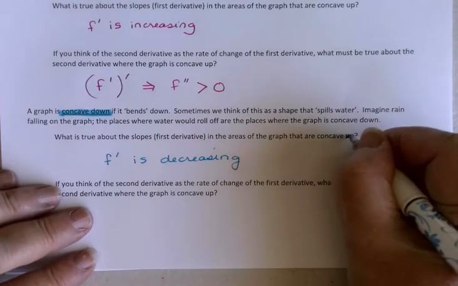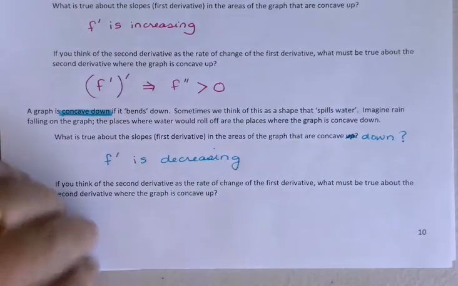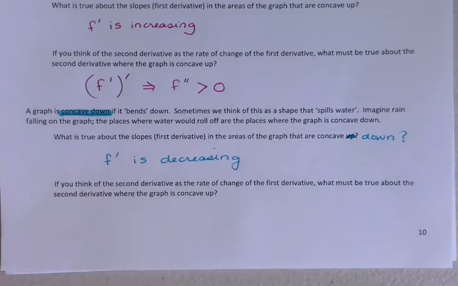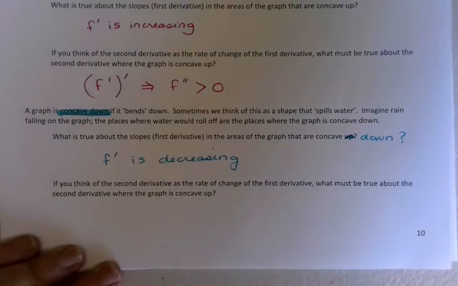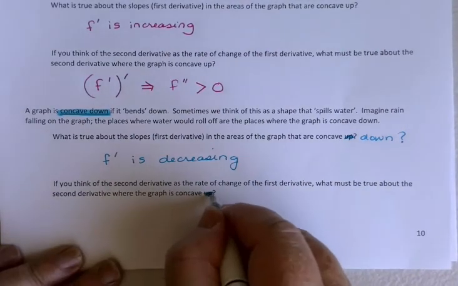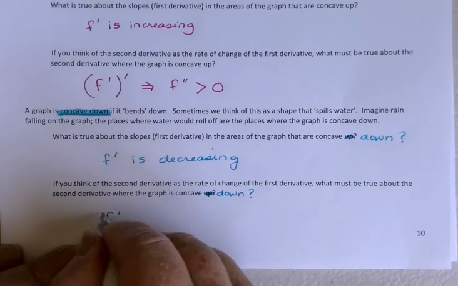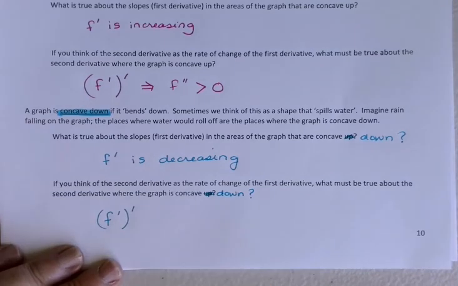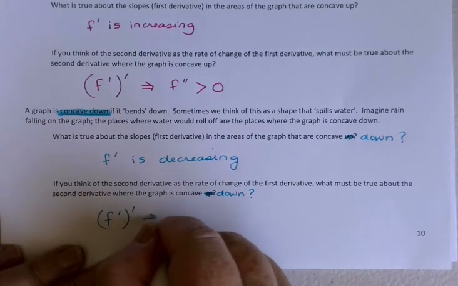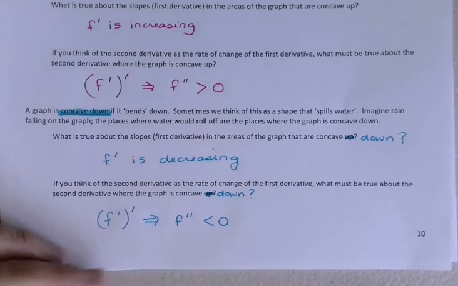Oops, sorry, that should have said down. Well, as again, we just saw in the last video, if something is decreasing, then its derivative should be negative, right? So, what's true about the second derivative in areas where the graph is concave down? The derivative of the first derivative, or in other words, the second derivative, would have to be negative.